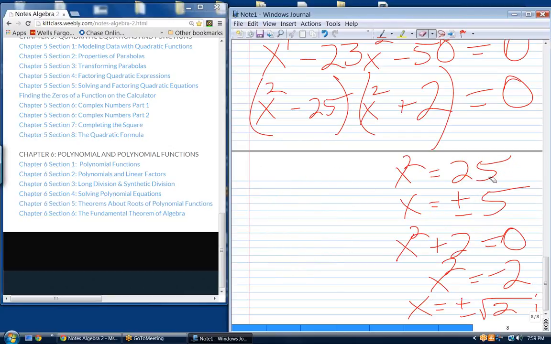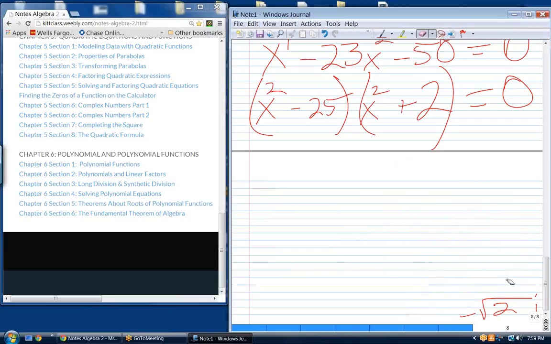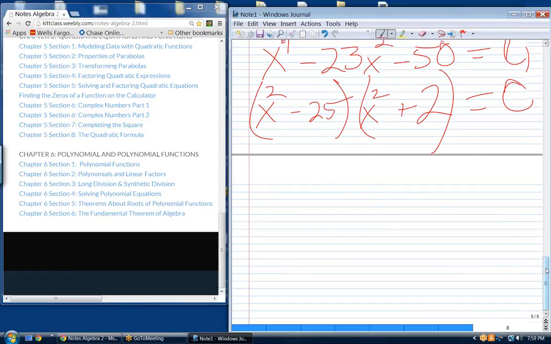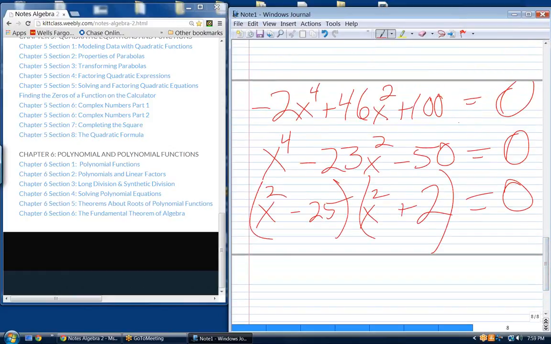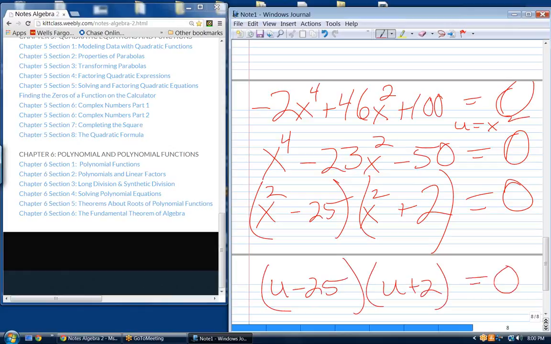Now, the reason you were able to do this so easily is because you used a method called substitution, but you did it in your head. You let u equal x squared, and this equation became u minus 25 times u plus 2. You solve for u.